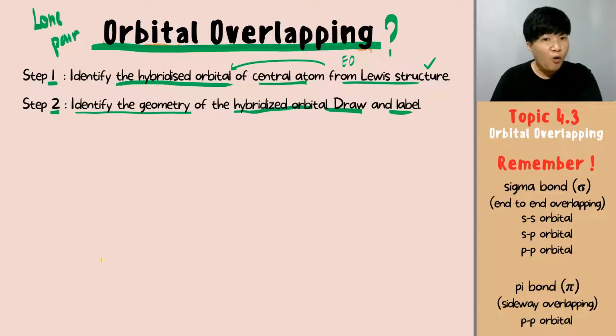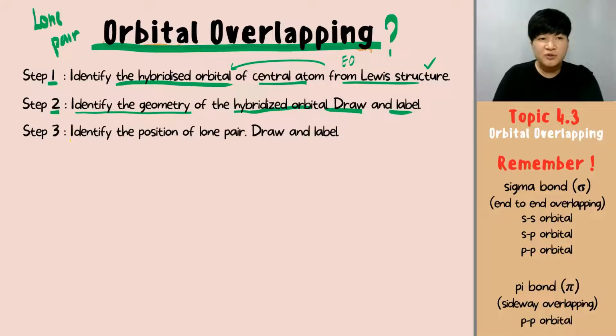But before you overlap with the terminal atom, we have one extra step, which is the third step. After you draw the geometry of your central atom, you need to identify and position the lone pair. Do not draw the overlapping first.